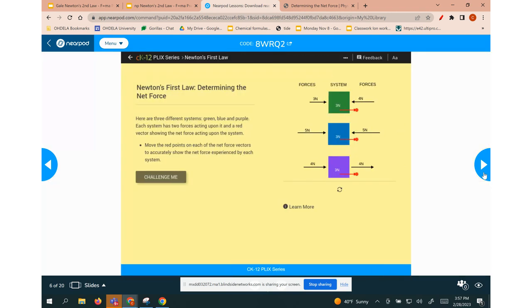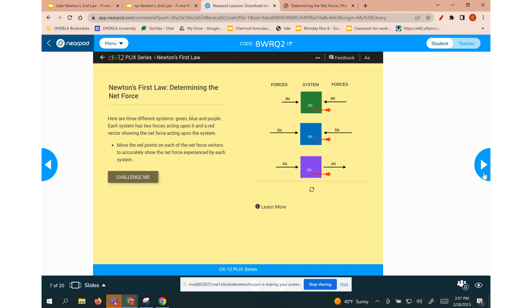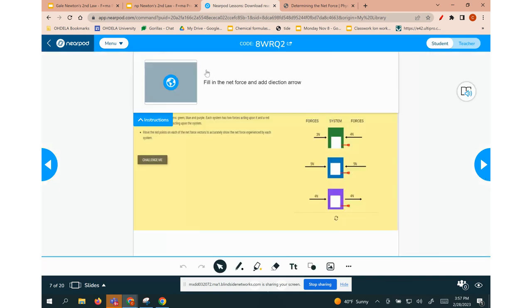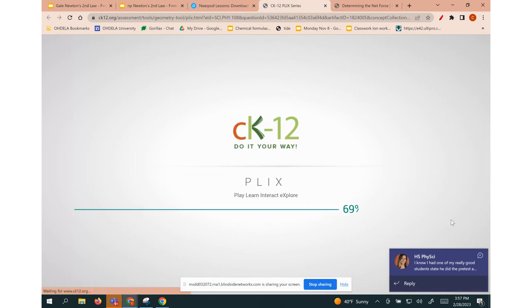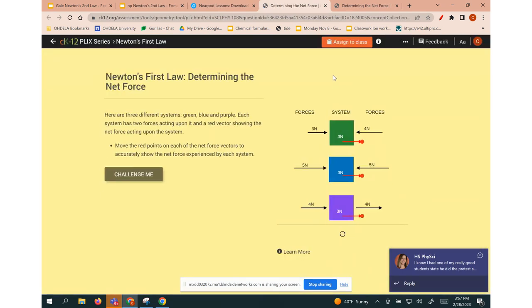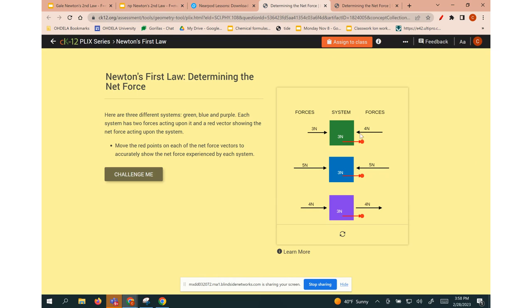Okay, so we're going to do this assignment here together. Here we want to look at these forces. These are forces going to the right, and forces to the left. And we're going to change this by moving this red.